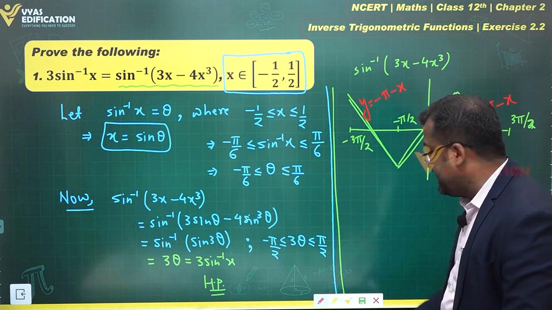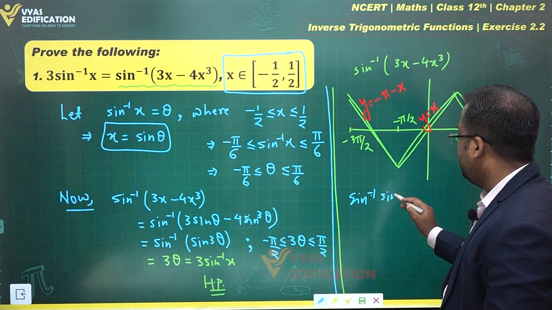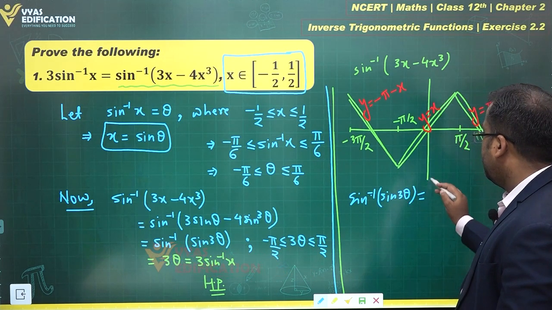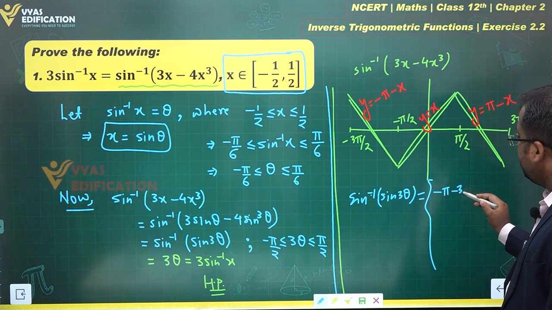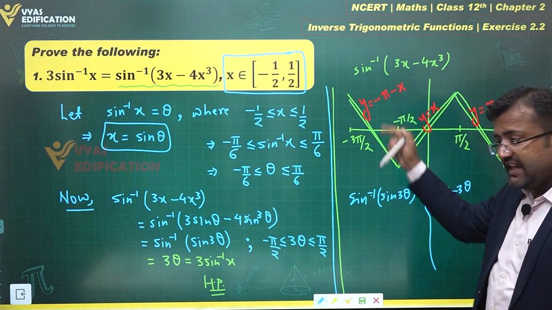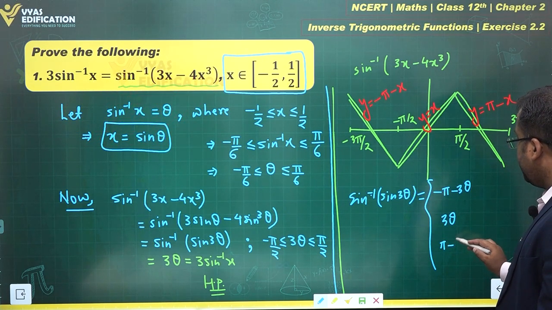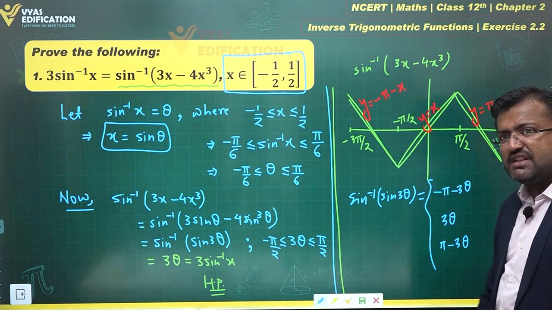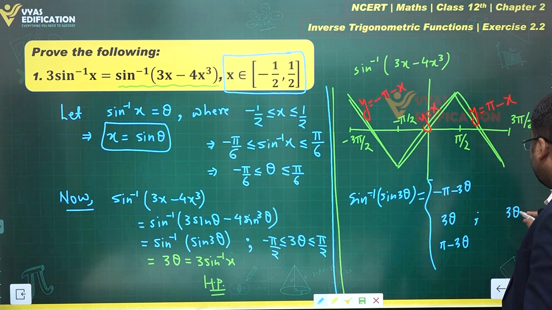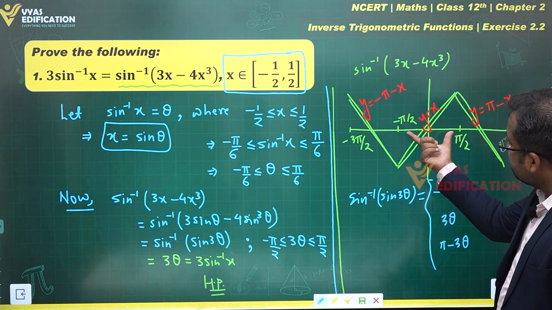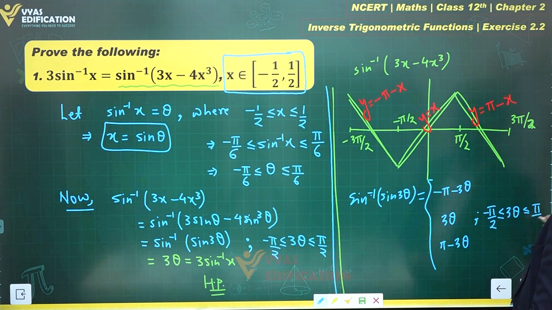What happens to sin inverse sin 3 theta? The value of sin inverse sin 3 theta will be equal to minus pi minus 3 theta, that is minus pi minus x. This can be equal to 3 theta, or this can be equal to pi minus 3 theta. Pi minus x will imply pi minus 3 theta when 3 theta lies in this interval, minus pi by 2 to pi by 2.